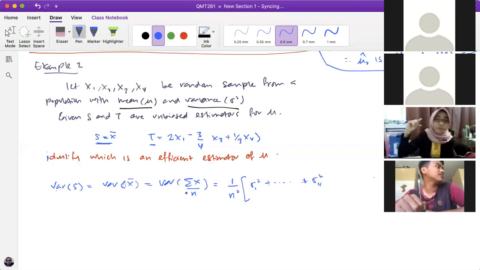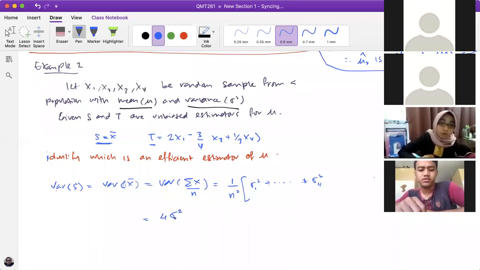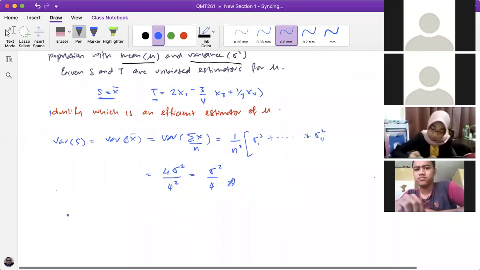Suppose n is equal to 4, so this is 4 sigma squared divided by 4 to the power of 2. So this should be equal to sigma squared over 4.